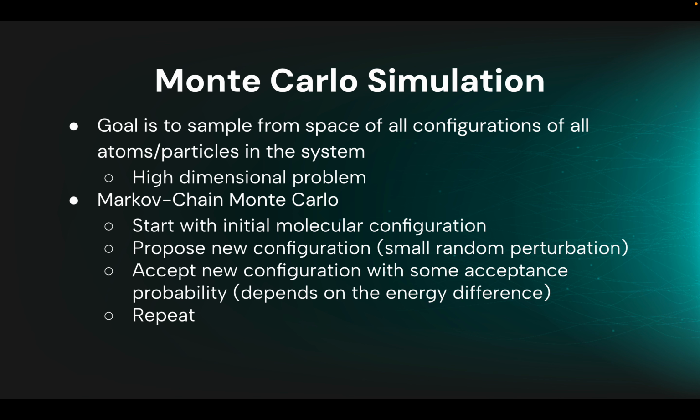And we accept this new configuration with some acceptance probability that depends on the energy difference between our proposed state and our initial state. So if this energy difference is high, we have a low probability of accepting it, and vice versa. And then we repeat and collect a bunch of samples. And we note that the distribution of the samples, as the number of samples gets very large, will tend towards the true probability distribution of our system.